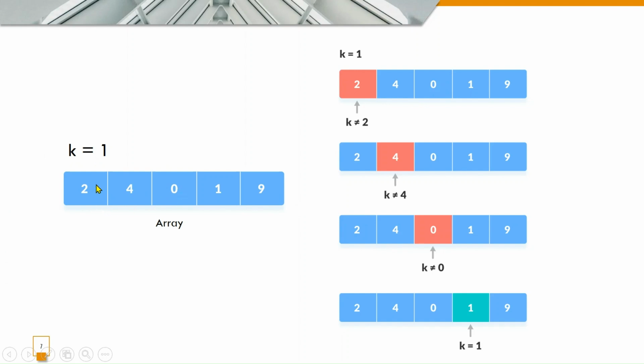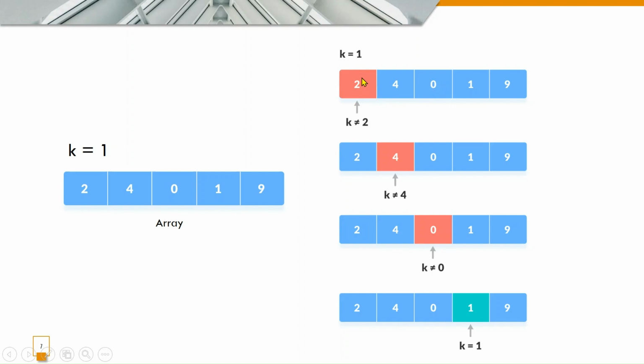All we need to do is compare the value of the key with each and every element of the array until we find that key. As you see here, the key is 1 and we will first compare the key with the value of the first index.